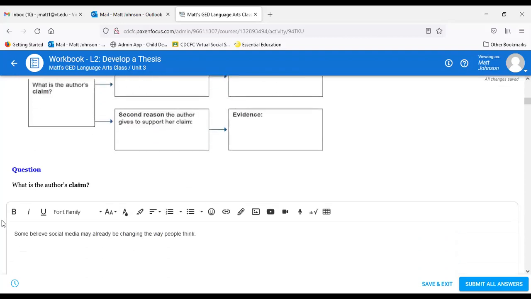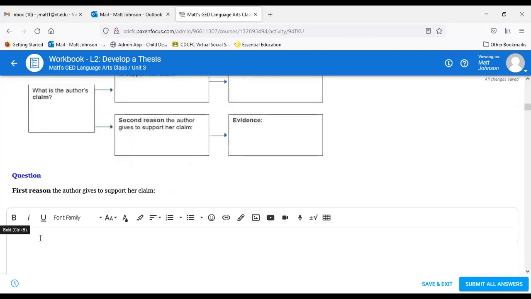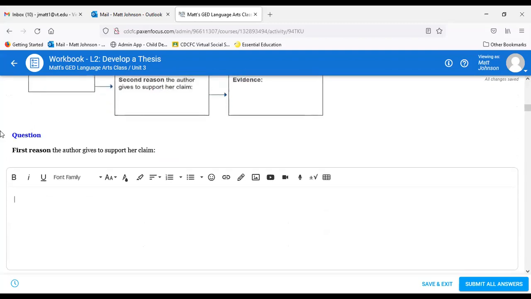All we have to put in here for the first reason the author gives to support her claim: people who grew up with electronic devices really can't multitask. Okay.